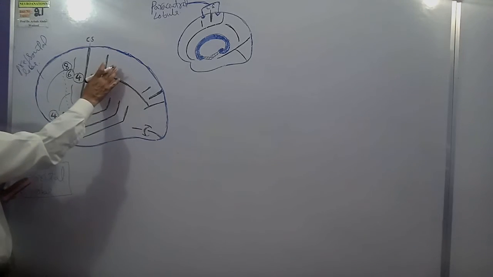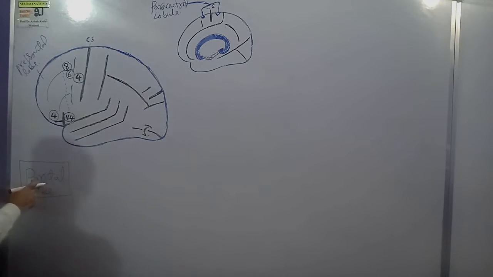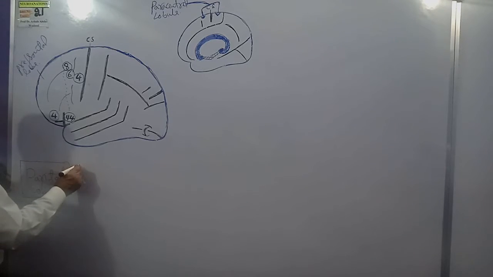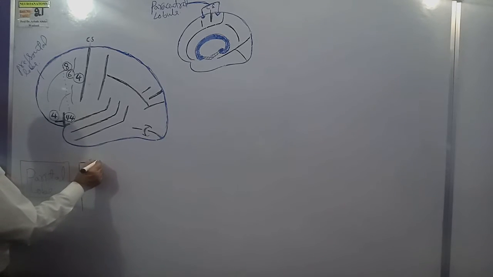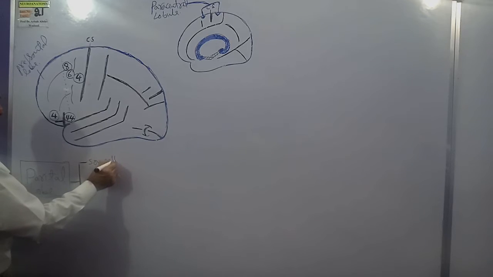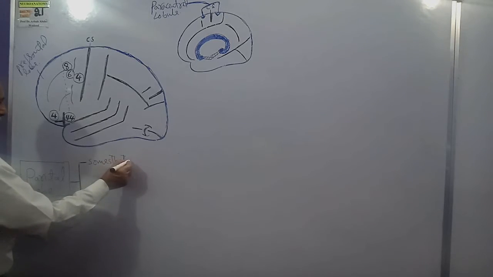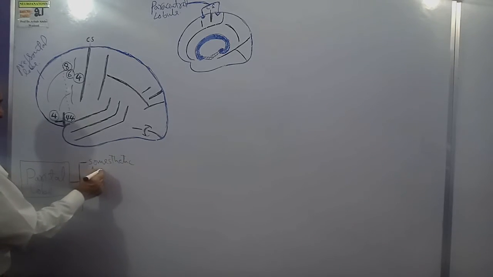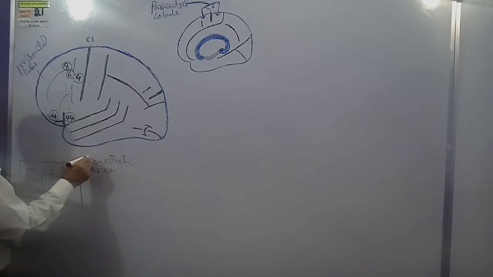Now, what are the Brodmann cortical areas on the superolateral surface of the parietal lobe? This we divide into various areas. Number 1, somesthetic area, also known as primary somesthetic area.